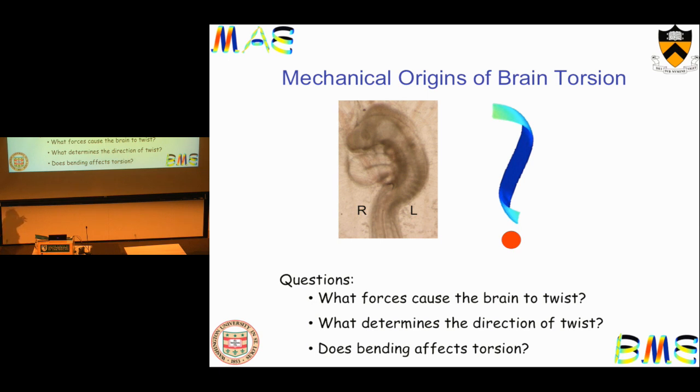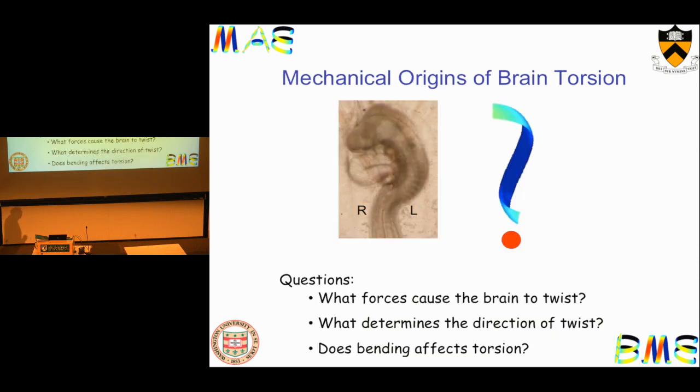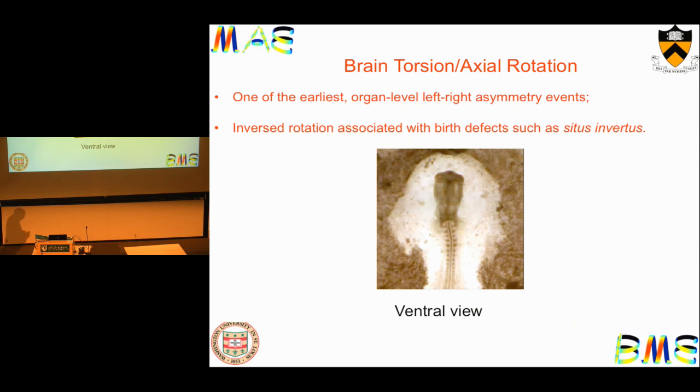Can I ask you a question? Sure. I don't think of the brain as being a long, skinny thing. I think of it as being like this. Right. What part of it are we looking at? So we're looking at this early brain. You can see this part is the forebrain, and this is the midbrain, this is the hindbrain.